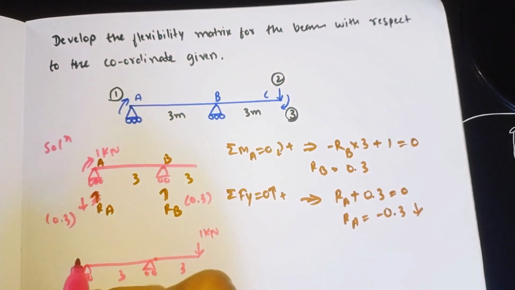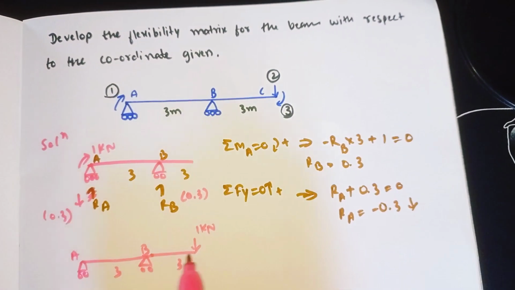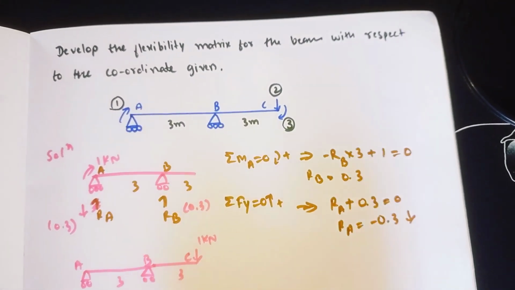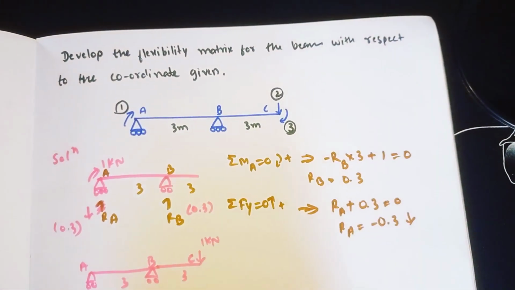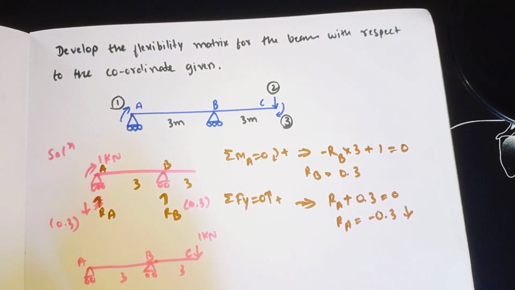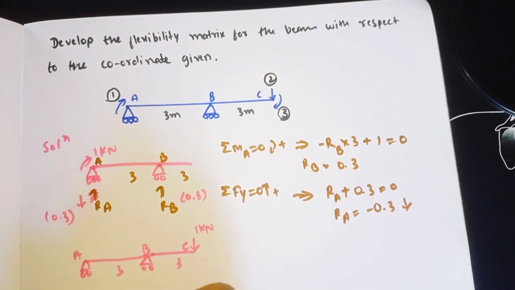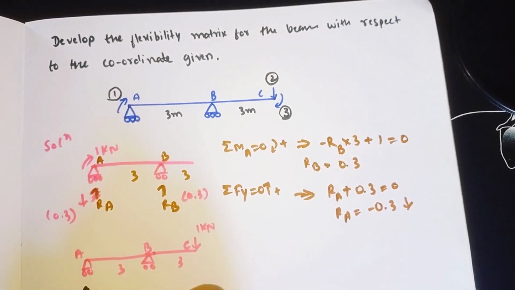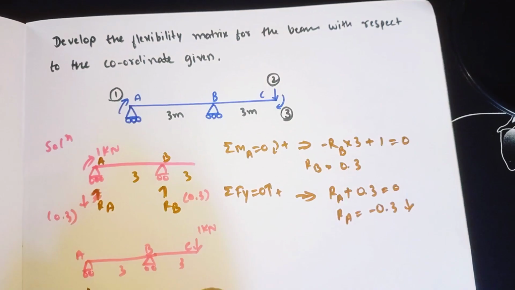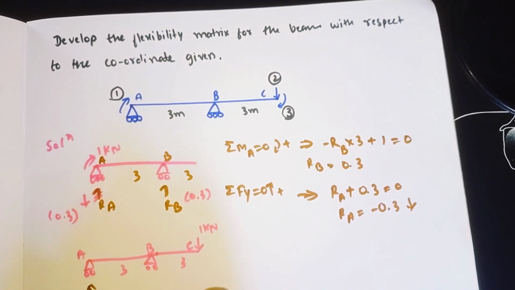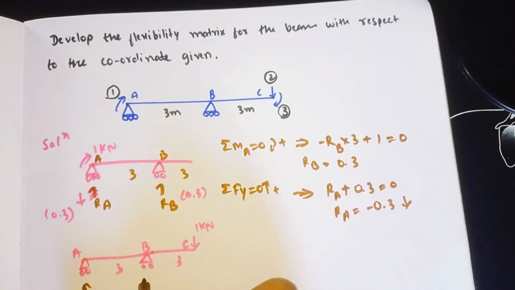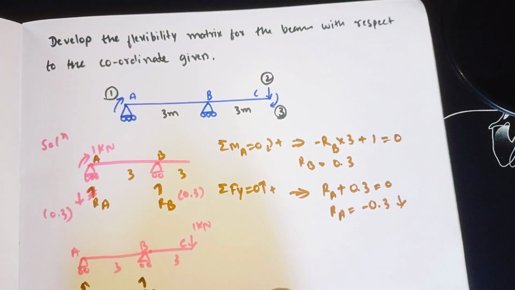Here also 3 meter distance, here also 3 meter. This is point A, point B, and call this point C. Now for this also we need to find the RA and RB reactions. Here RA will take place at point A, and here at point B RB will take place.